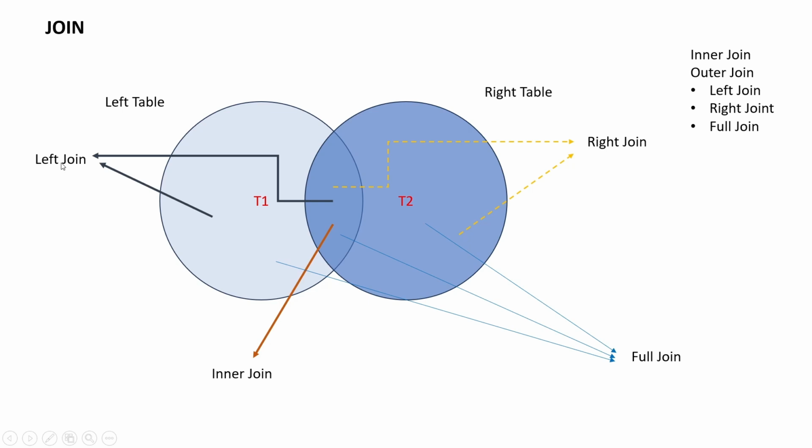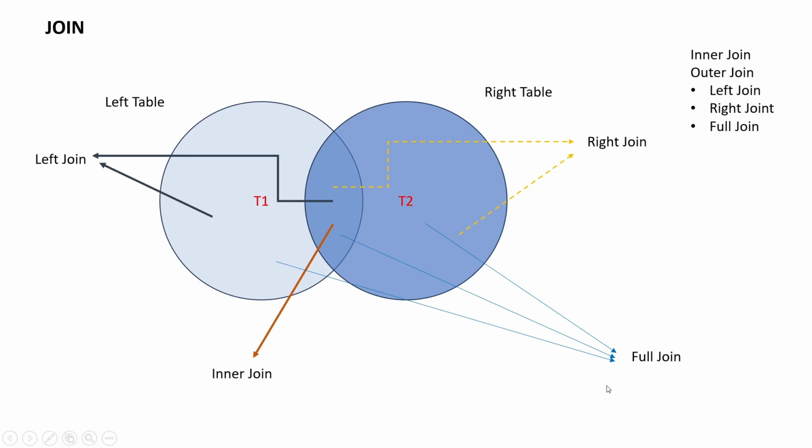Vice versa, if you want matching records and unmatched records from the right side, then we use right join. And let's say we want all the records: all the matching records, unmatched records from the left side and unmatched records from the right side. Then we use the last type of join called full join.